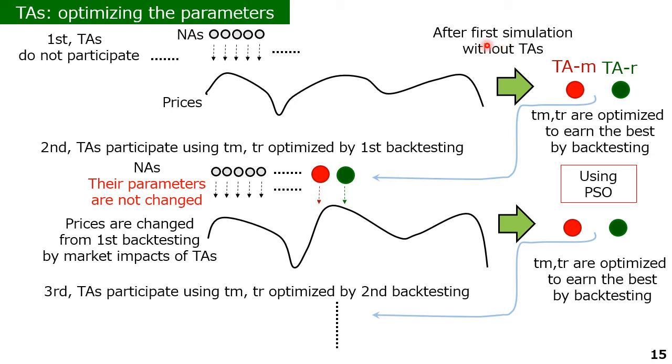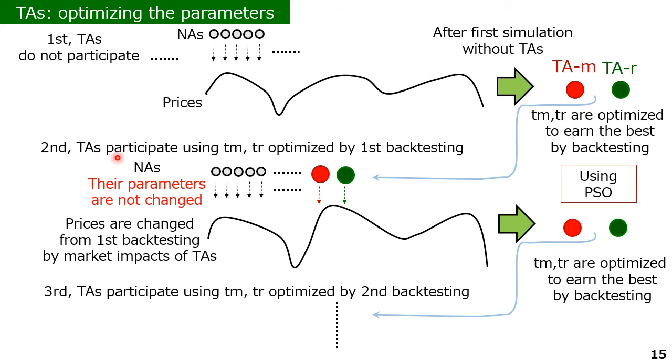After the first simulation without TAs, TM and TR are optimized to earn the best by backtesting using this time evolution of prices.